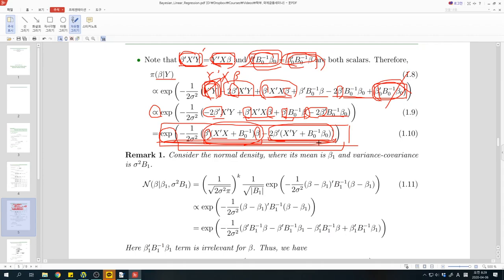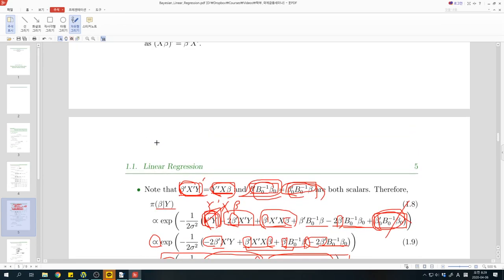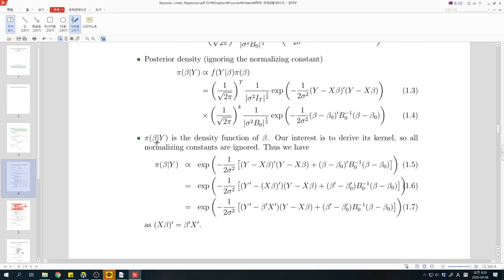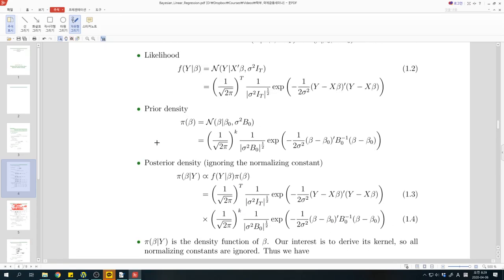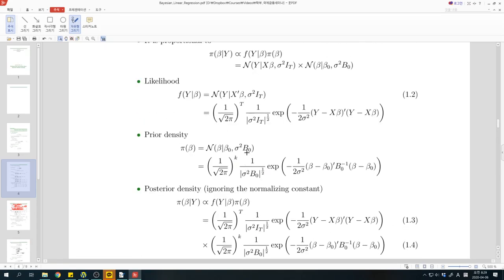An exponential function, and in the exponent there is a square term and a linear term. What is this? This is the kernel of what? Let's go back to here. Let's ignore this normalizing constant.